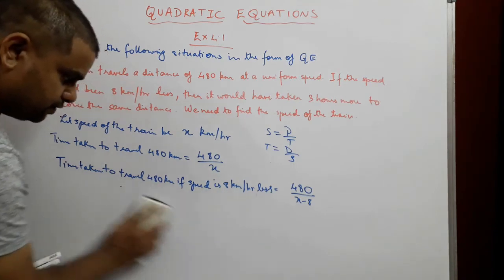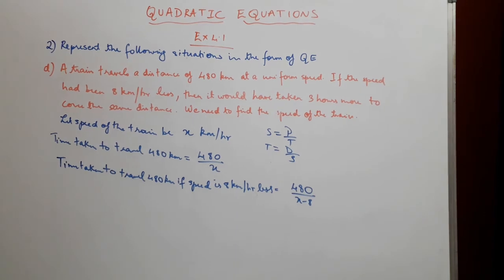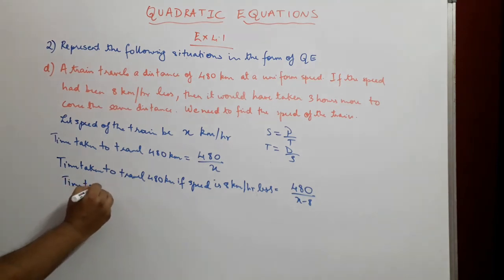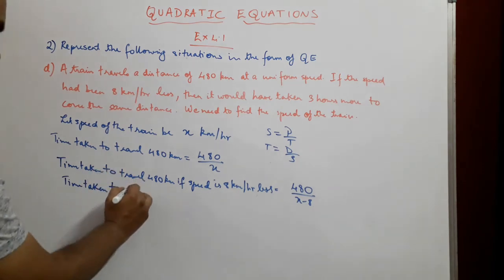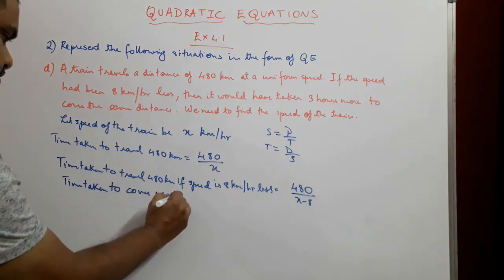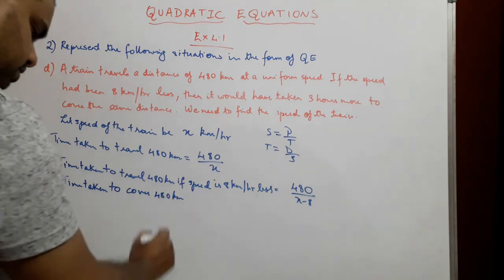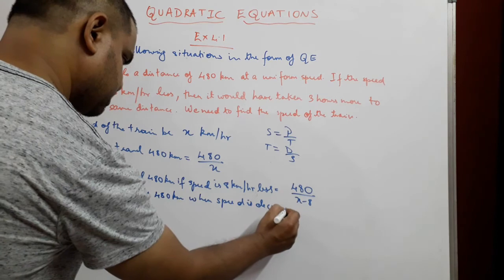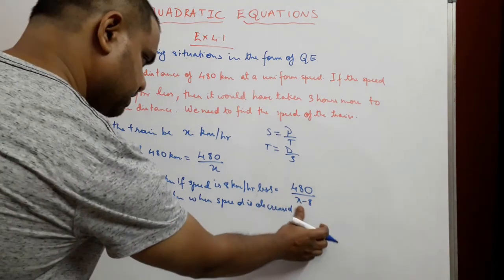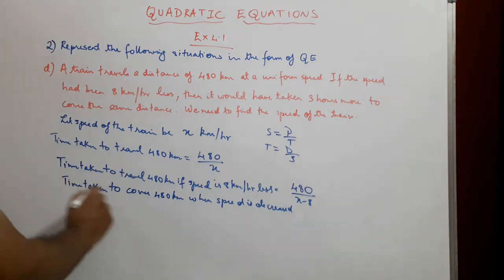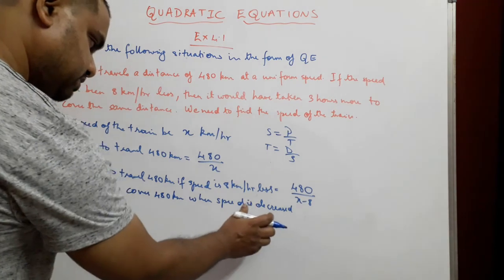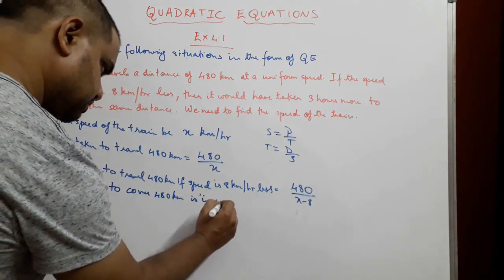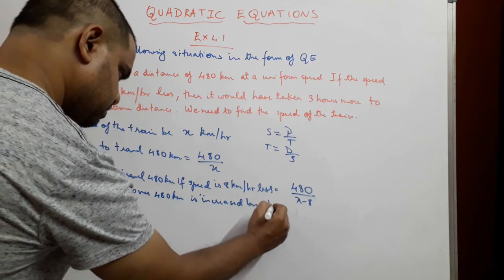So what we do is we put over here that time taken to cover 480 kilometers, when speed is decreased, is increased by 3 hours.